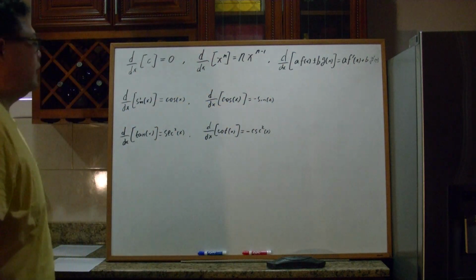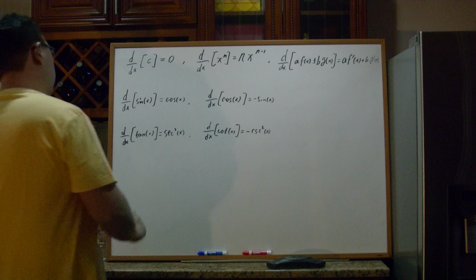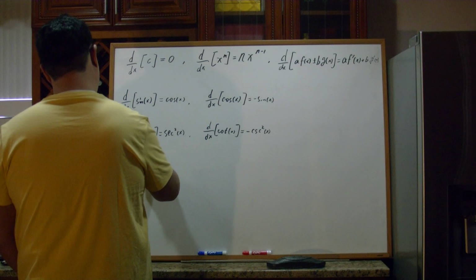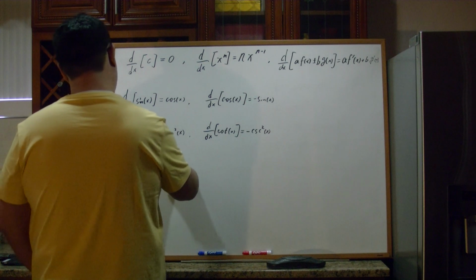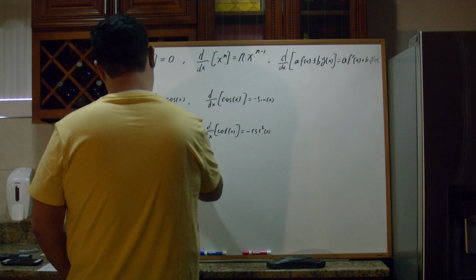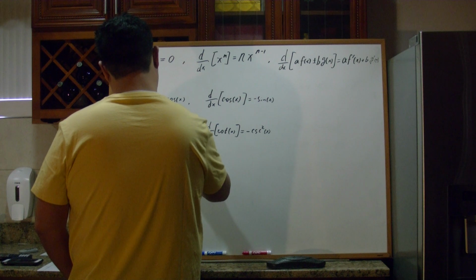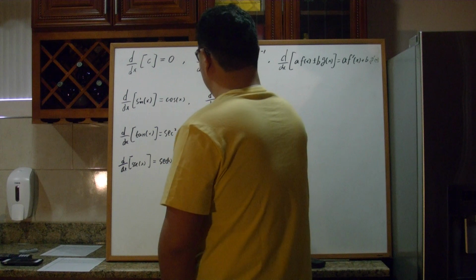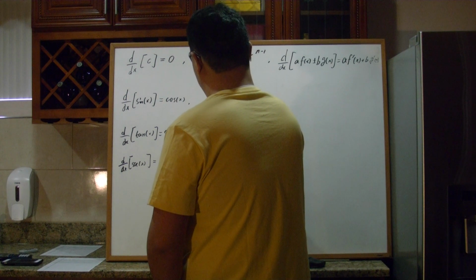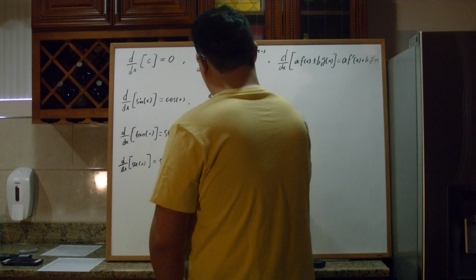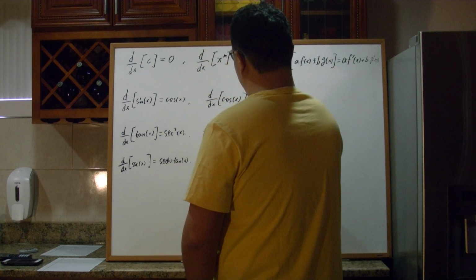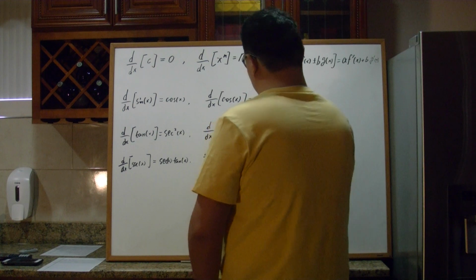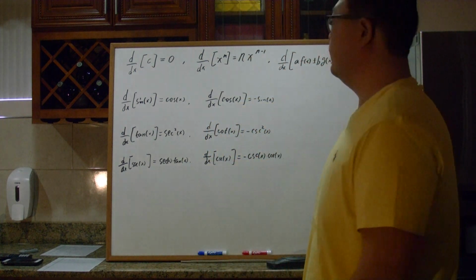The cotangent derivative is negative cosecant squared, and the derivative of secant is secant tangent, and for cosecant it is negative cosecant cotangent. That's what we have for the trigonometric functions.